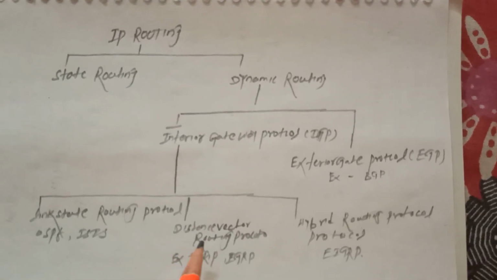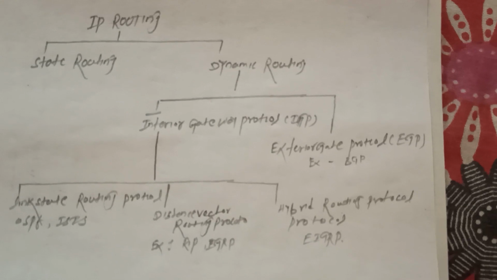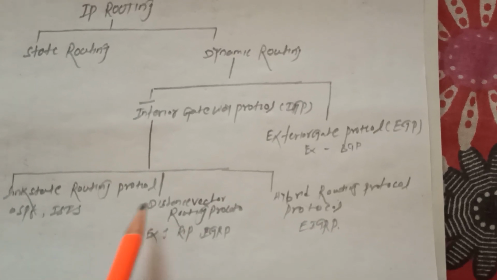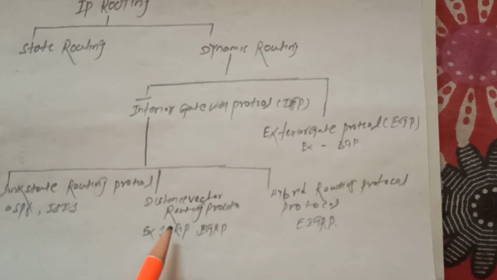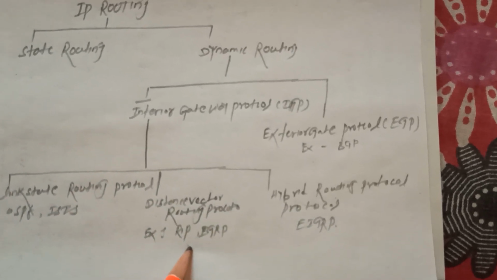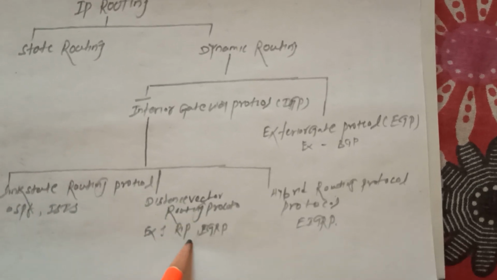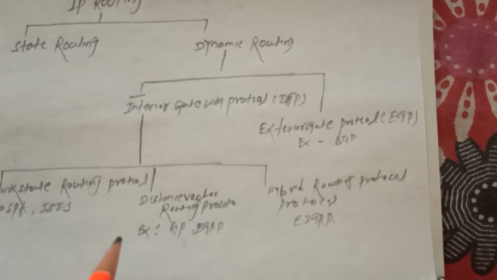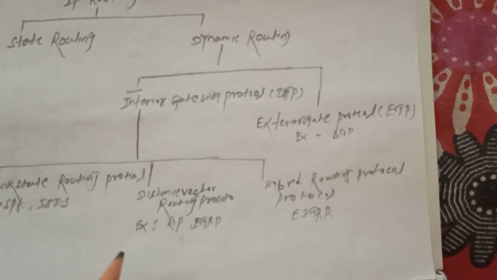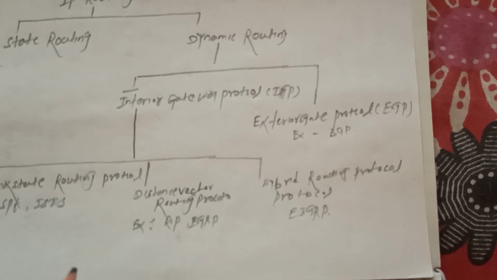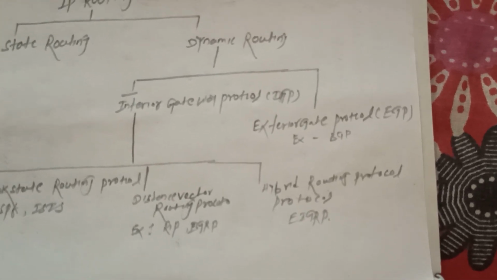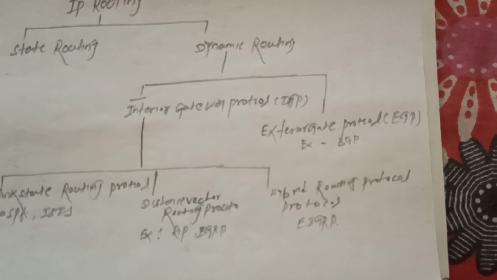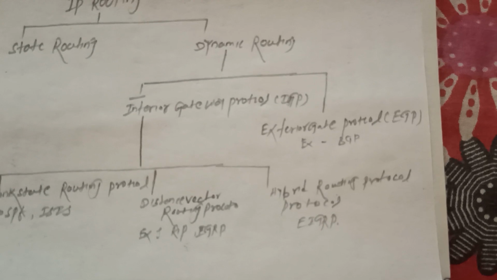Then I'm moving to distance vector routing protocol. What is the distance vector routing protocol? It does not share the entire topology like link state. It works as routing by rumor: every certain period, the routing information is shared with the neighbor router.